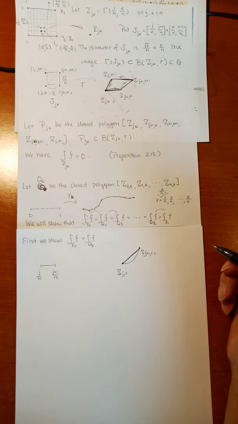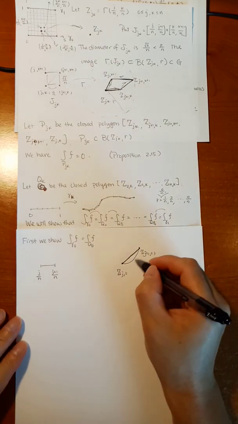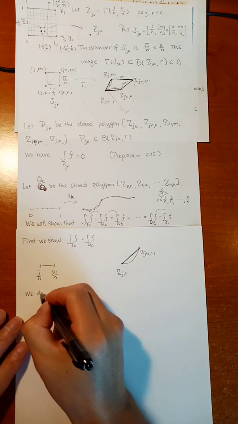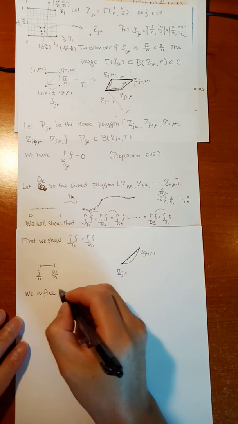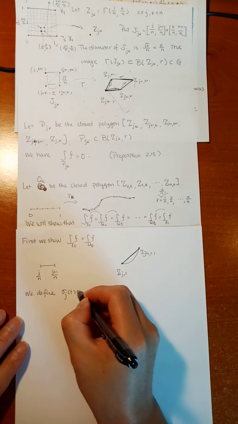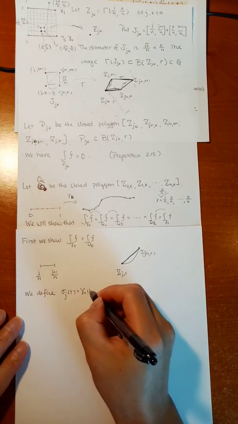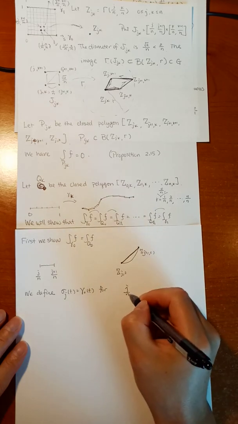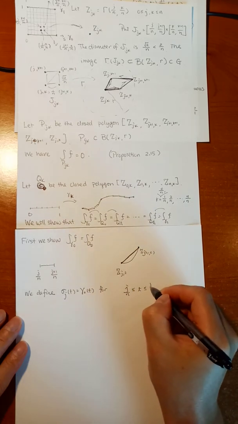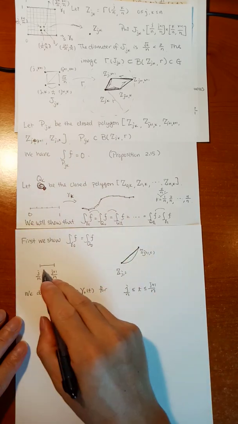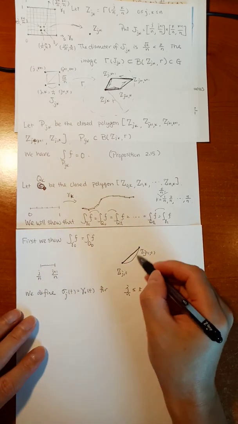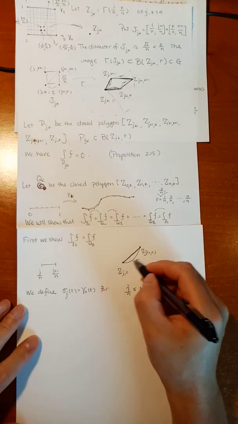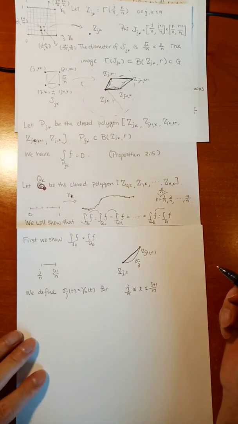For this small piece of the polygon, we define sigma j of t equal to gamma 0 of t for t in this small interval. So we just give a small name, sigma j, to this little piece of the curve.